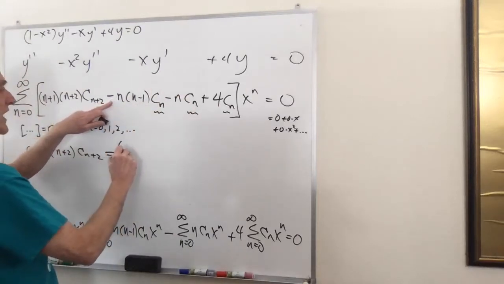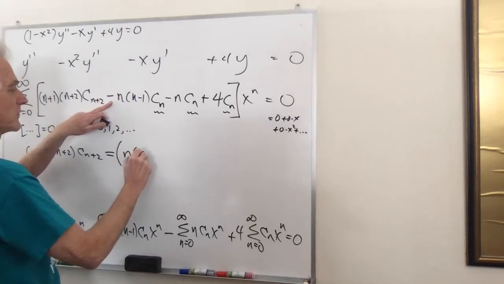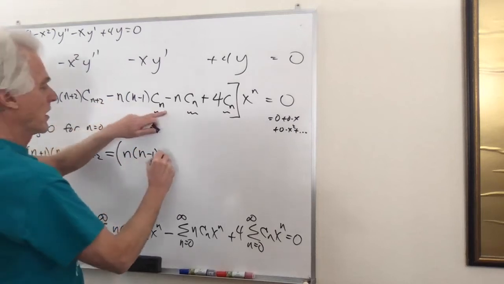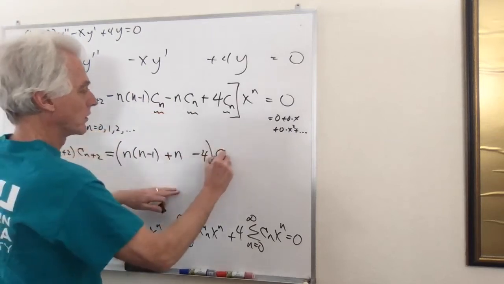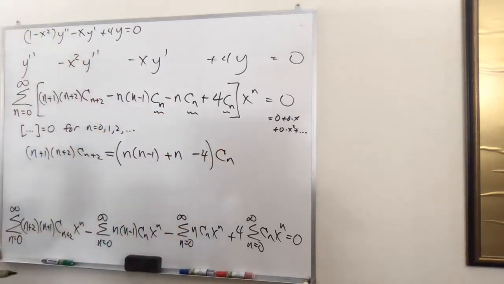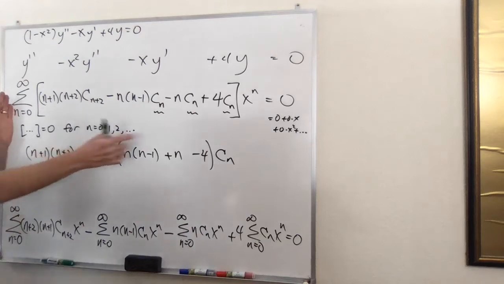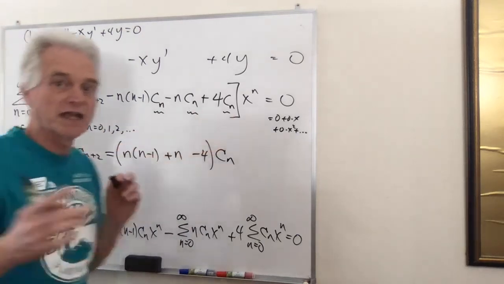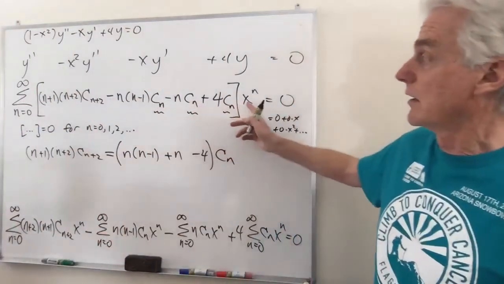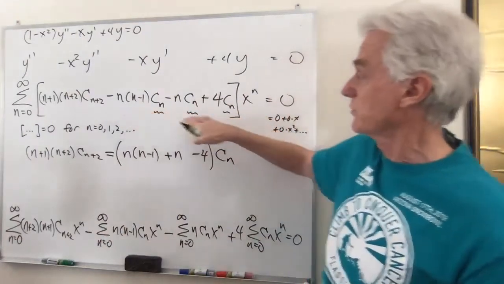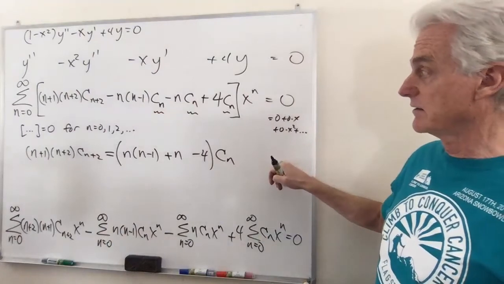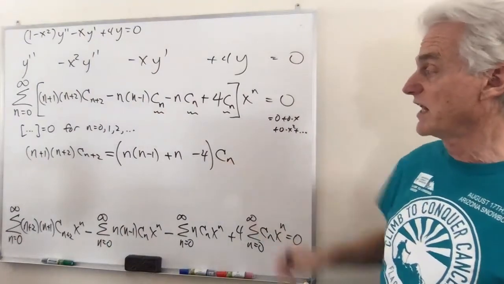This is going to be a plus n times n minus 1, a plus n, and then a minus 4, all times cn, right? So this thing inside the square bracket equals 0. I set it equal to 0, then I bring these three terms to the right-hand side, and put in the negative.